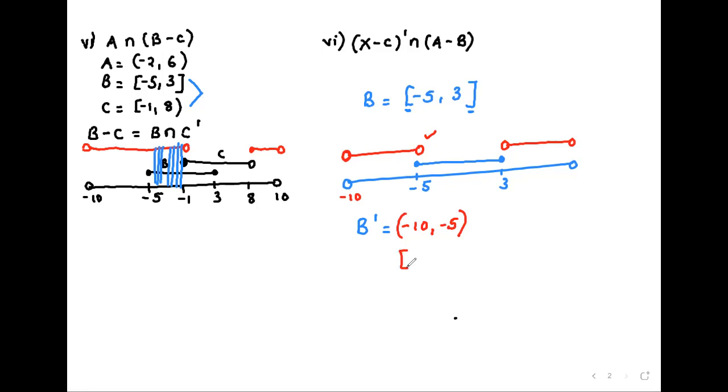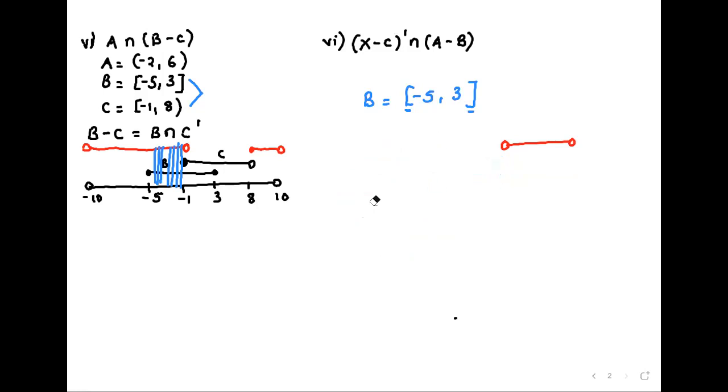Okay, thank you. Where it becomes a bit sensitive is when dealing with the complement, because the complement does the opposite of the other side. Where it's closed, the complement opens. Where it's open, the complement closes. Now in this case, we have found that B minus C is from -5 to -1.